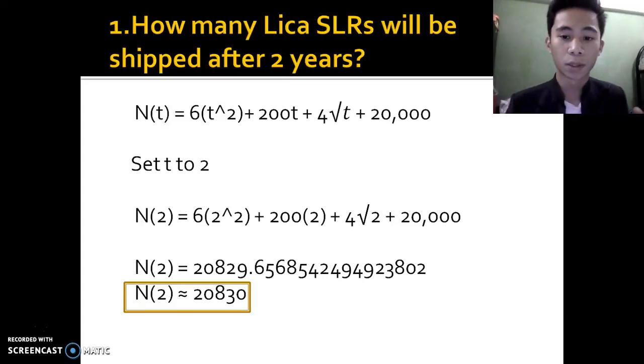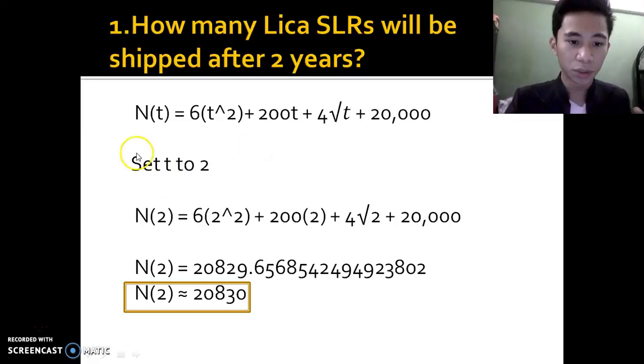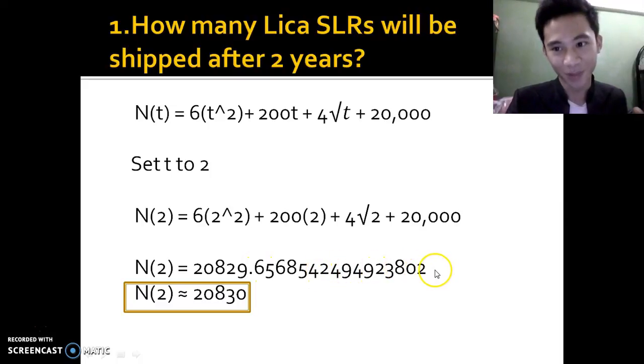Basically, we just need to plug in the value 2 into t, because t refers to the time, which is 2 years. So we just need to substitute here the value 2, as you can see, and then just compute for the answer, and the answer will be 20,829.6568542494923802.